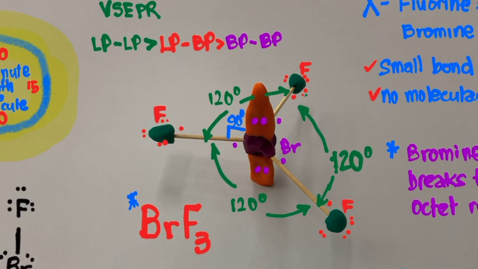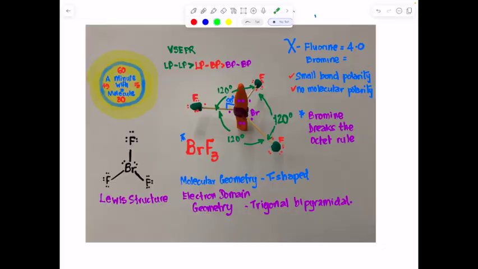But here, the lone pair to bond pair repulsion creates a bond angle of just 90 degrees. And this is why BrF3 does not actually take on this molecular geometry. Instead, it assumes what is labeled as a T-shaped molecular geometry.